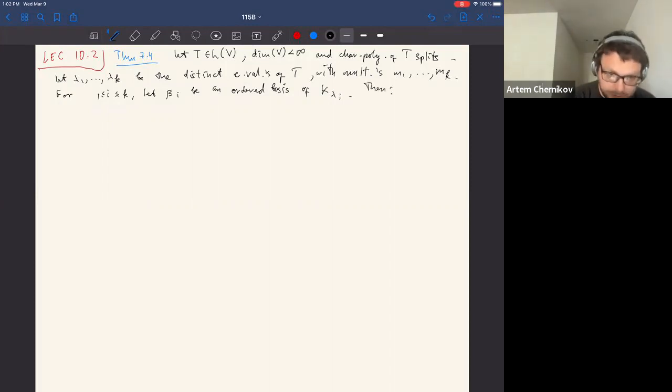Then we have the following. Part A: all these bases are disjoint, meaning that beta i intersection with beta j is empty for i different from j.